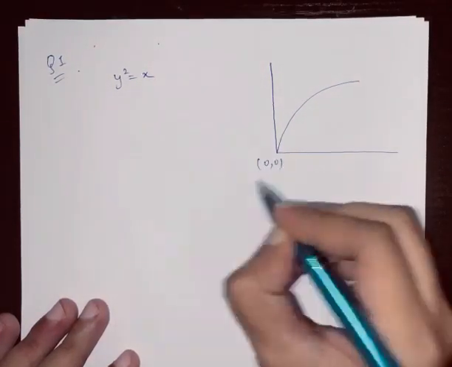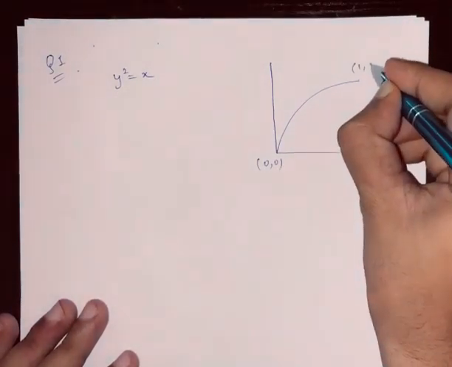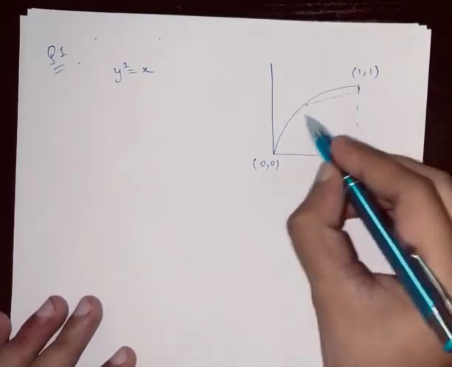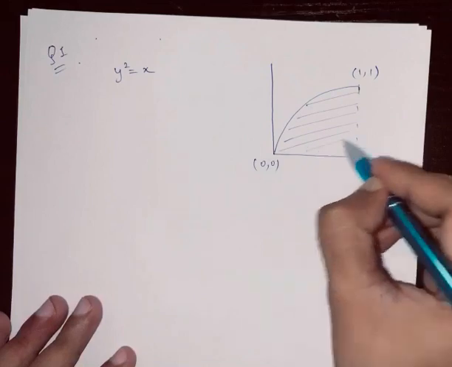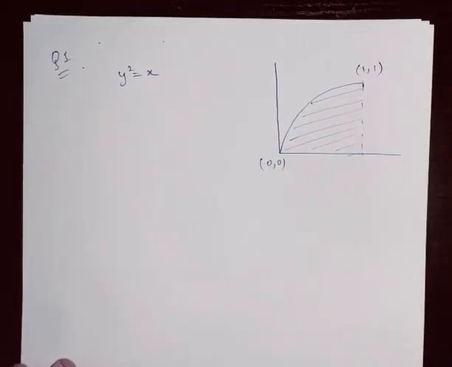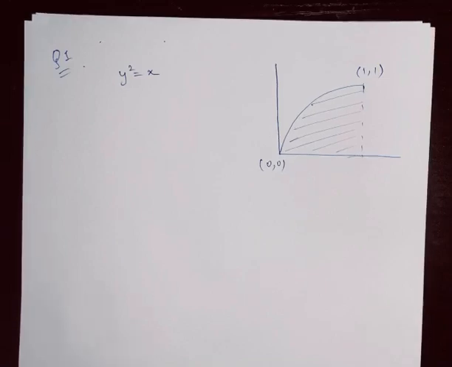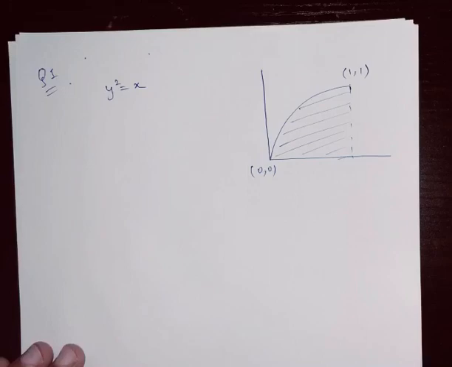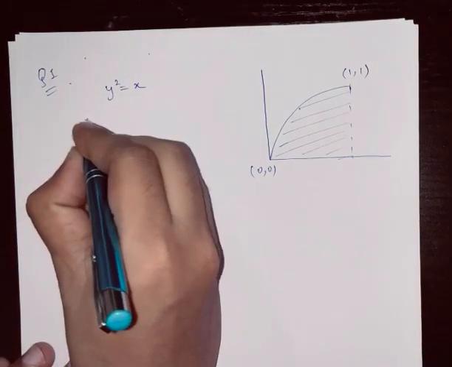Let this location be 0, 0 and let this location be 1 comma 1, and we need to find the center of mass of this shaded region.